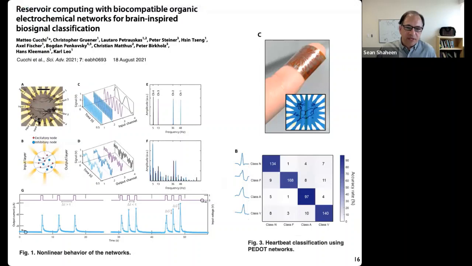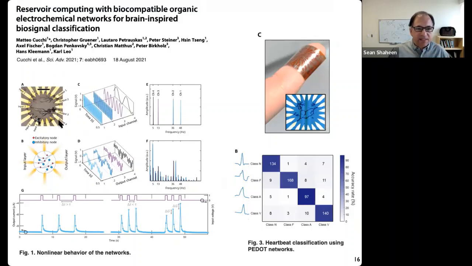More recently, there's been work out of TU Dresden, a group of Karl Leo, and they showed examples where you could just put down the polymer in a dendritic pattern. So they used electrochemistry to deposit the PEDOT polymer and connected to a multi-electrode array. You can tell we're already doing neuroscience because it looks like a multi-electrode array.